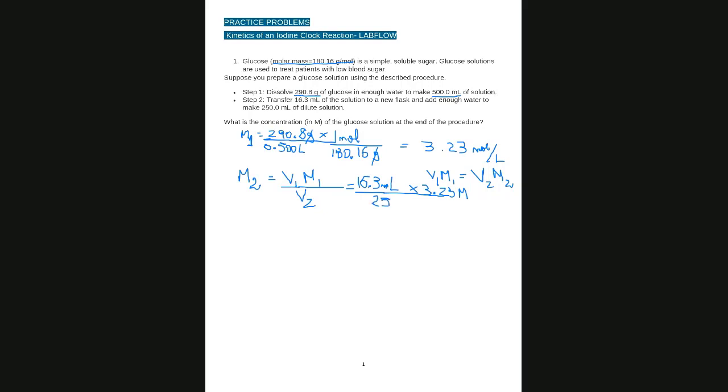Yes, we can put 0.250, that is correct. I have to put both volumes either in liters or both in milliliters. In our case, I didn't want to take the work to convert, so I left both in mL because they are giving me that. And I obtain an M2.